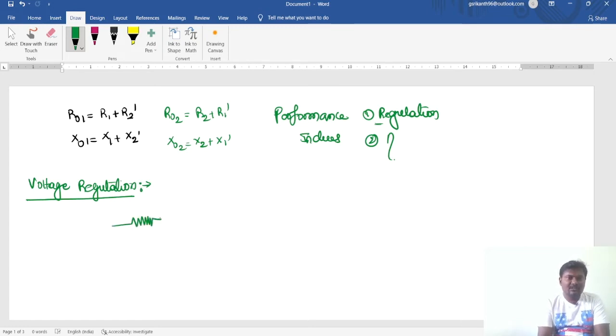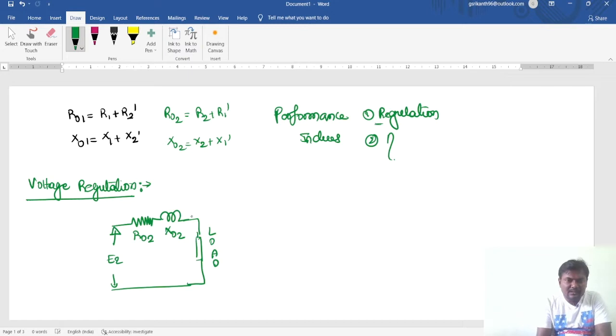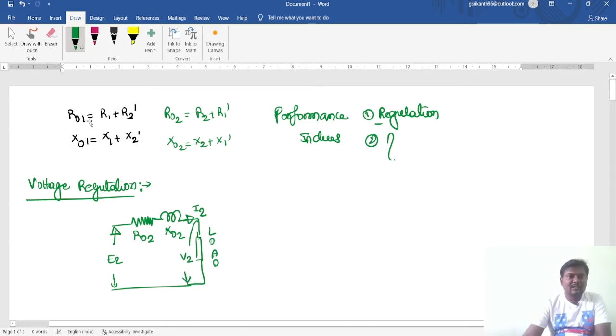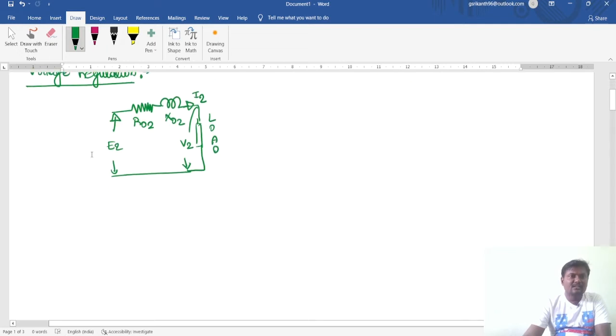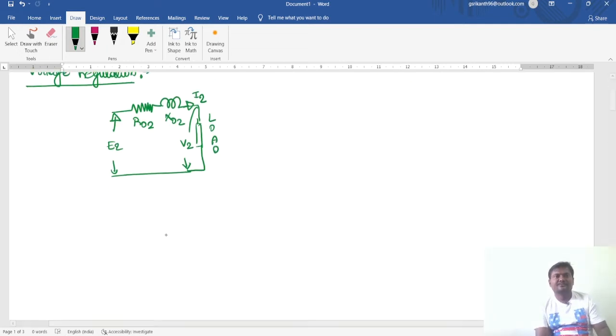So your equivalent circuit will be like this with respect to secondary. So this is E2. The load we are connecting like this. The current which is flowing through the load is I2. The voltage across the load is V2. By neglecting the no load branch, this is the equivalent circuit after induced EMF.